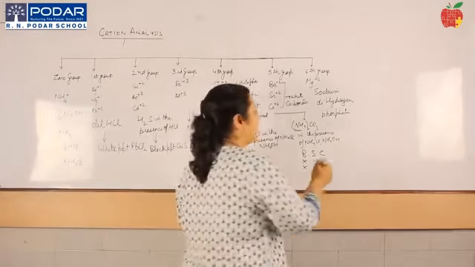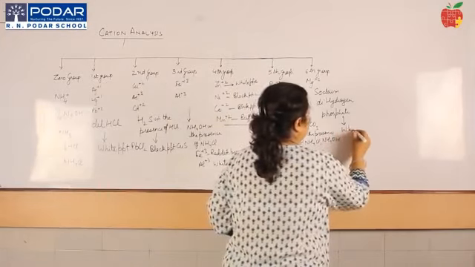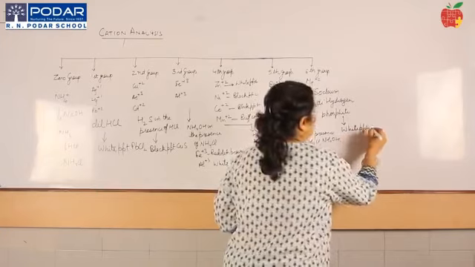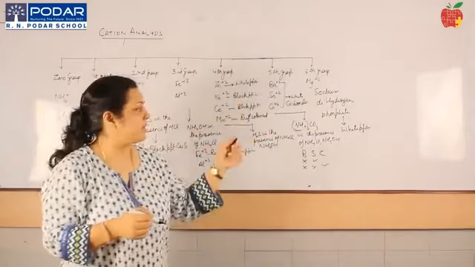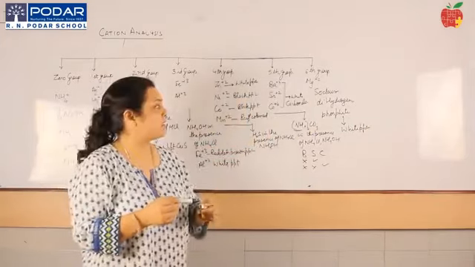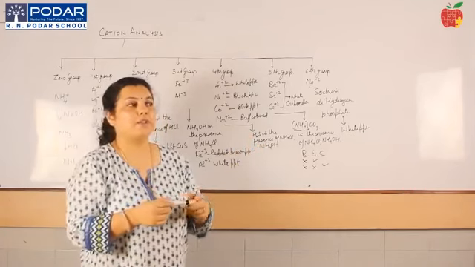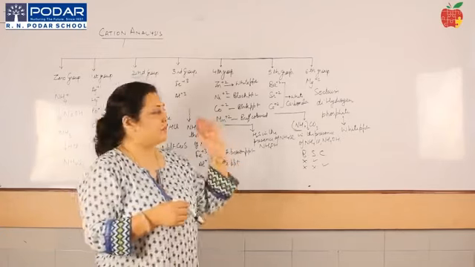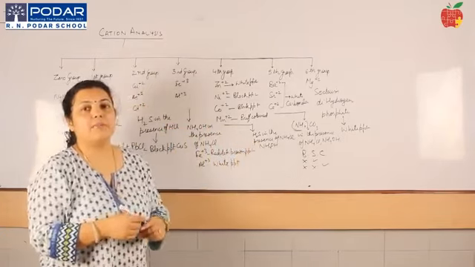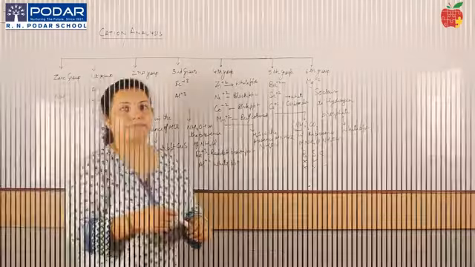Again you will get a white PPT. The precipitation of white precipitate, that is basically magnesium phosphate, will indicate the presence of your magnesium ion. So you do this analysis and you will be able to identify your cation.